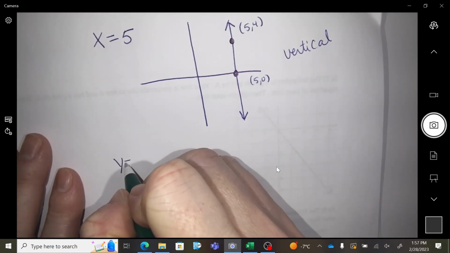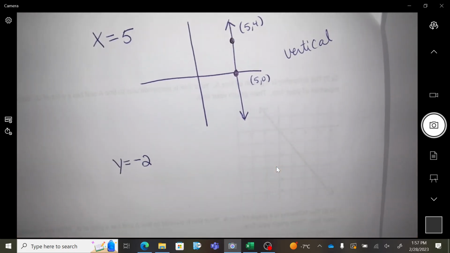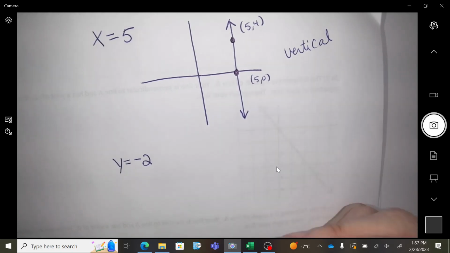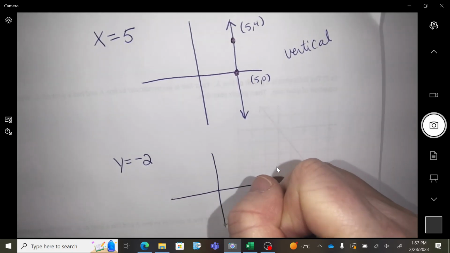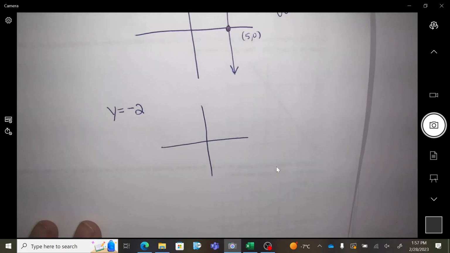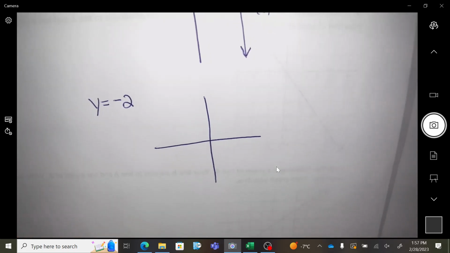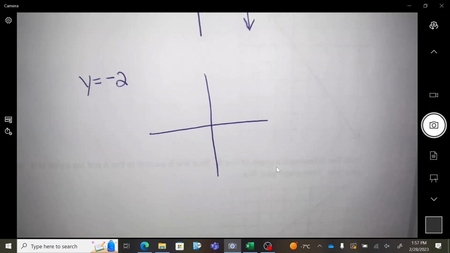What if I ask you this? Y equals -2. Horizontal. Yeah. So I want you to think about it with drawing me. You can pick any coordinate that has a y value of -2.